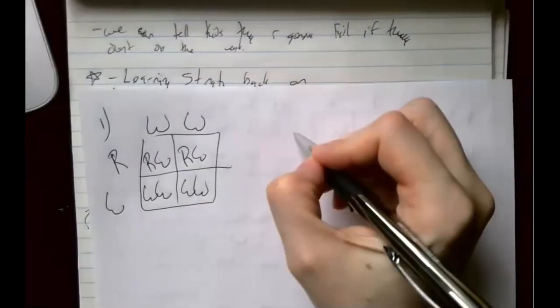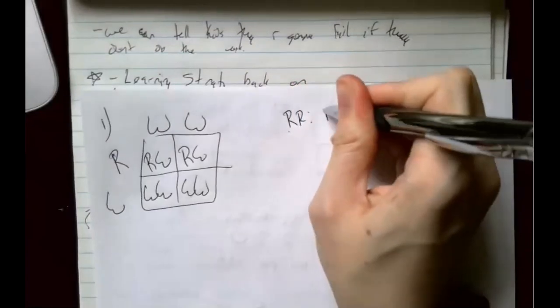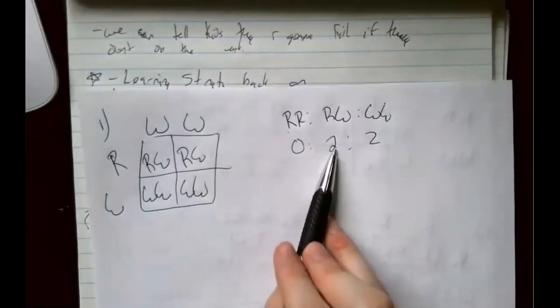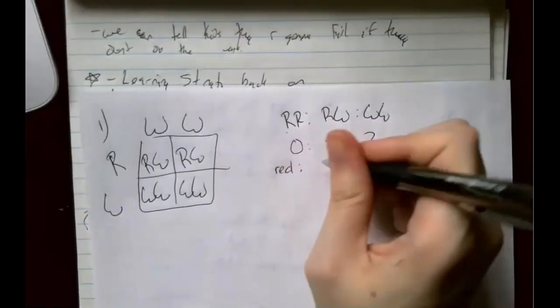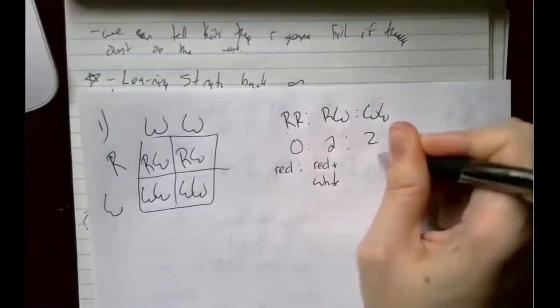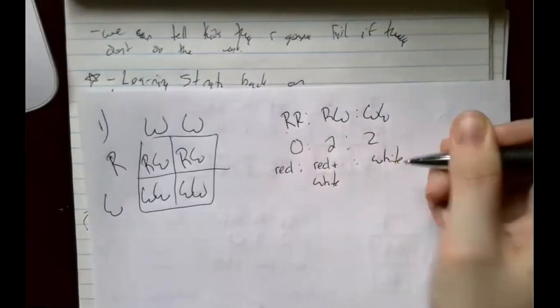And it wants to know the genotype and phenotype ratio. So for red red, red white, and white white, it is going to be a 0 to 2 to 2 genotype ratio, also a 0 to 2 to 2 phenotype ratio, where we have no red cows, we have 2 red and white cows, and we have 2 white cows.